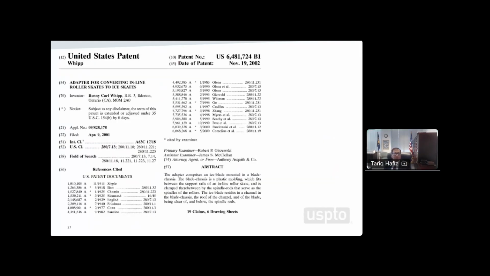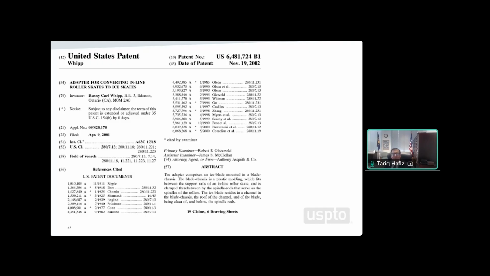So this is what a patent looks like, right? You want to see right away that it's a patent, with the date of the patent and a patent number, right? So you always look at the top right corner to see if it's a patent number or PGPUB. So when was this filed? Well, if you click next, it was filed on April 9th, 2001, right here.